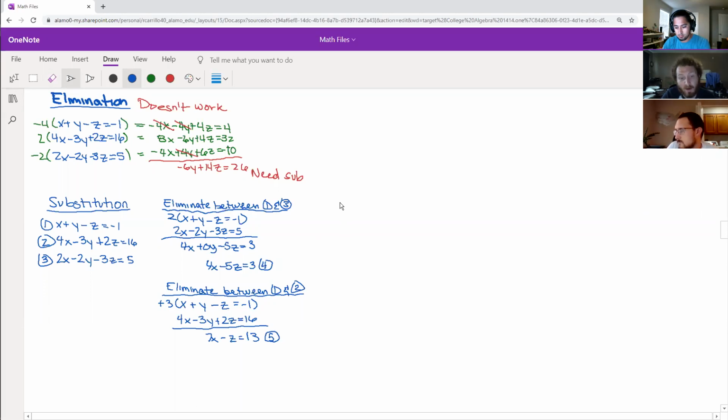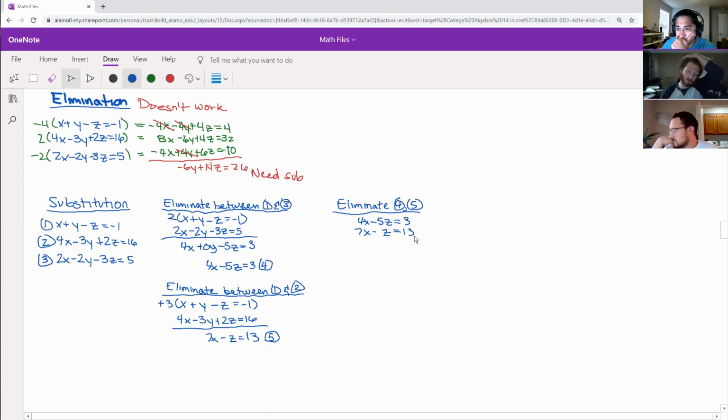And we'll come over here and I will eliminate for 5. So let's stack this in here. We've got 4x minus 5z equals 3. And we've got 7x minus z equals 13.